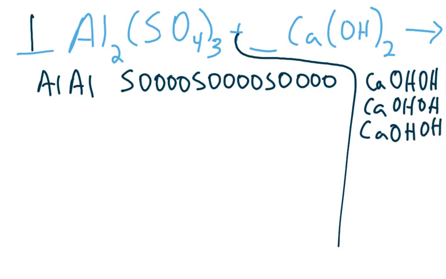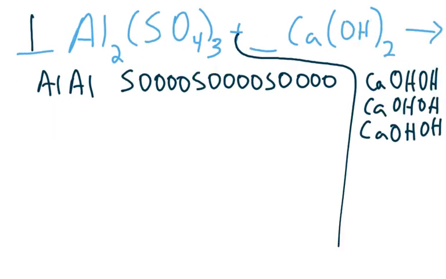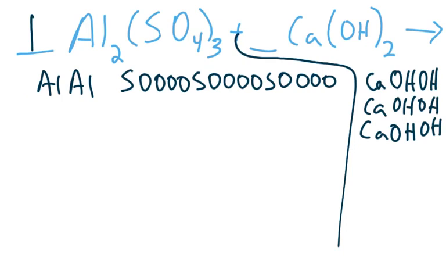So let's take stock. 2 aluminum, 2 aluminum. 3 sulfur, 3 sulfur. 3 calcium, 3 calcium. Let's pray to God our O's and our H's match up. I've got 4, 8, 12, 13, 14, 15, 16, 17, 18 total oxygen right now, and 1, 2, 3, 4, 5, 6 hydrogen right now.